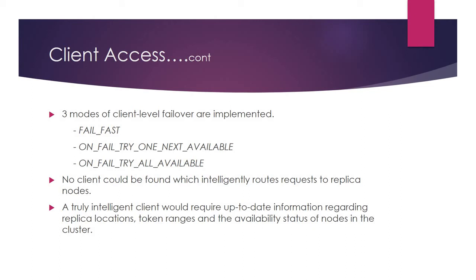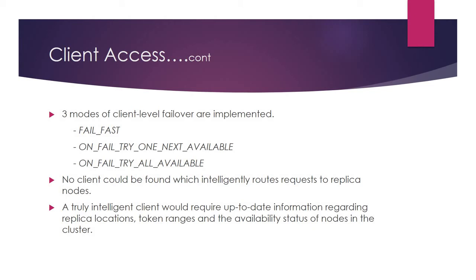So what is fail fast? It implements the classic behavior of failing a request if the first node contacted is down. When you contact a first node and it is down, it fails the request of the client.